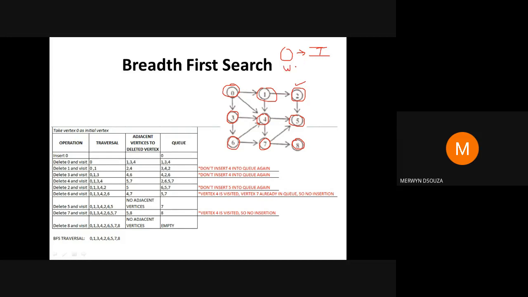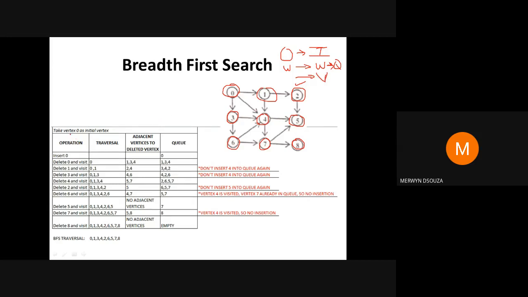Please remember that. W means the vertex is in the waiting state. Waiting state means they are already in the queue. And if they are visited, then nothing will be there.